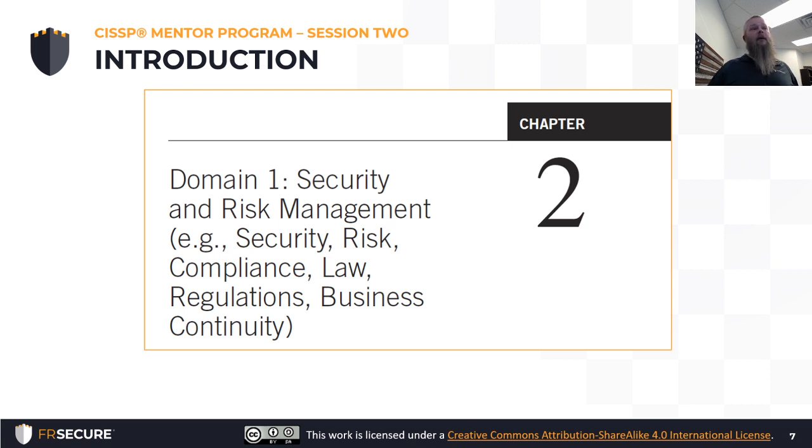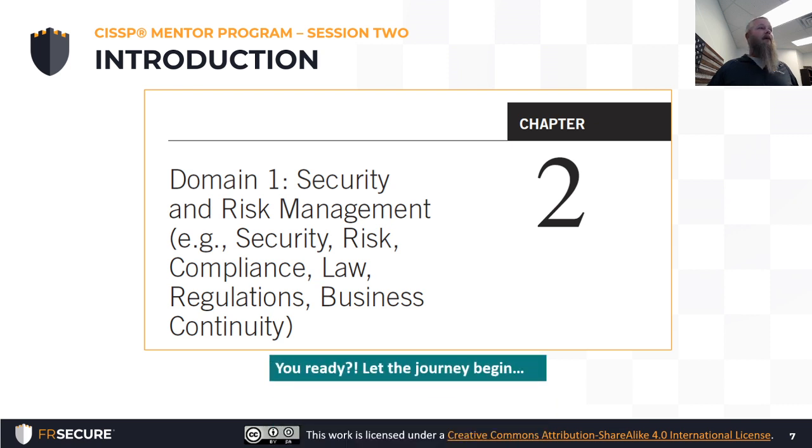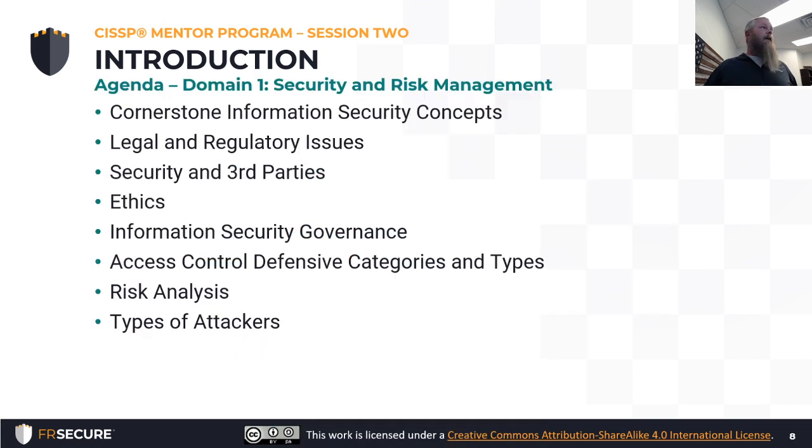For others, this will be all new. So yeah, you'll have to pay attention. So let's go. This is the agenda for this evening. We'll talk about cornerstone information security concepts, cornerstone fundamentals, those things, legal and regulatory issues. Some of the stuff in the book is a little bit dated. Now we're having buffering issues.